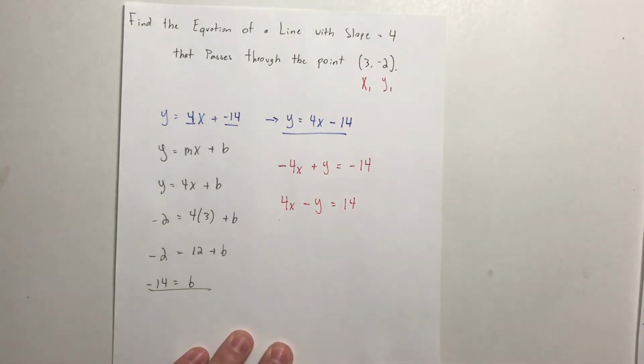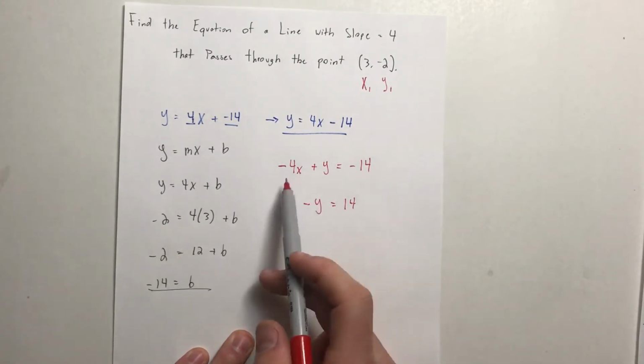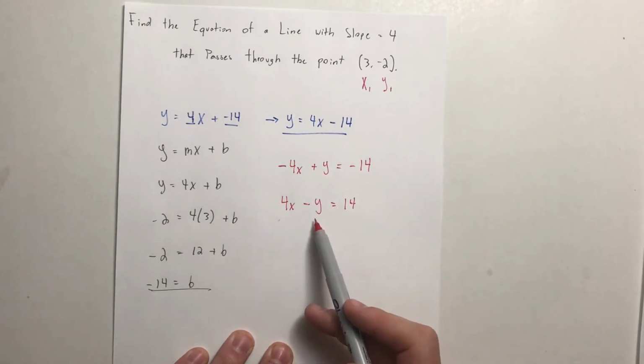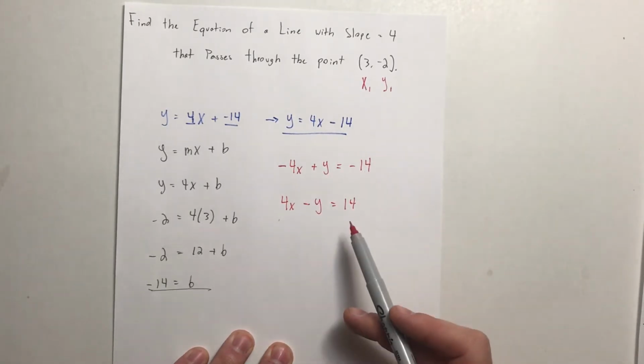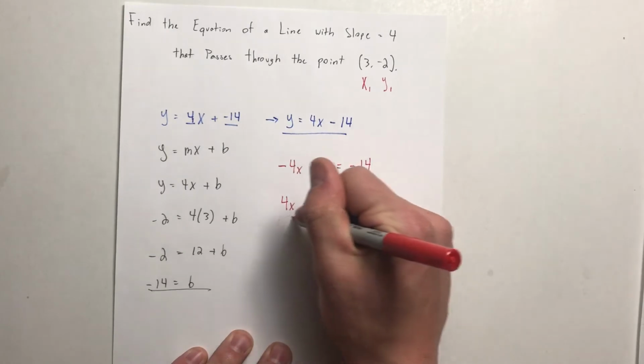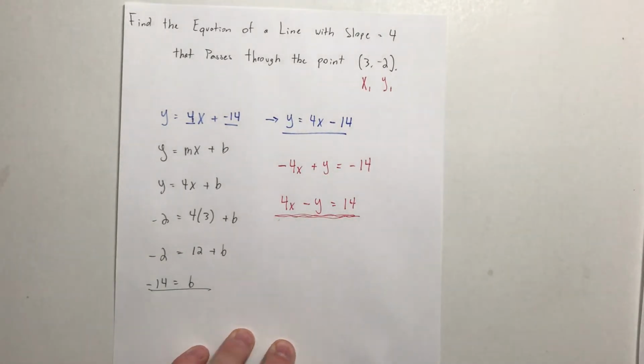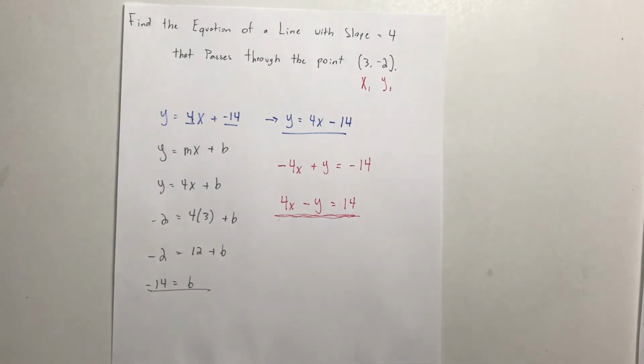So the general rule of thumb is when you're multiplying the entire equation by a negative 1, the signs are going to flip. So this negative becomes positive, this positive becomes negative, and this negative becomes positive here. So this is going to be our standard form for that line.